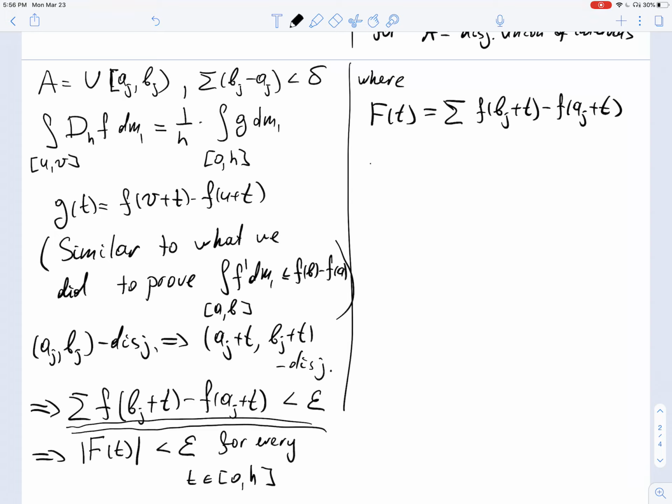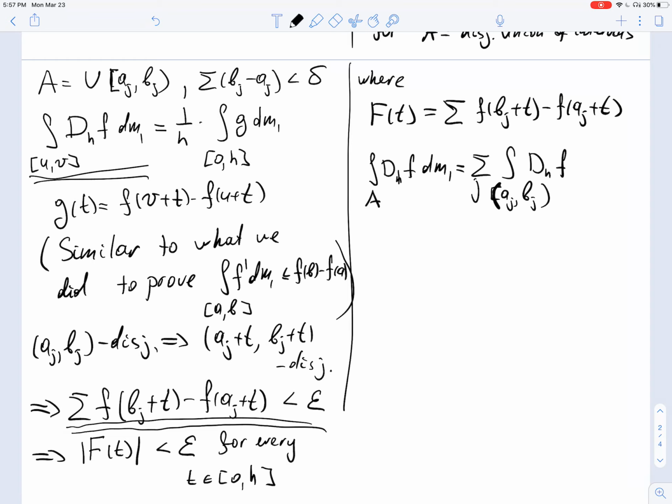All right, and so what's the integral of dh of f over A? So remember that A is a disjoint union of intervals. I can write open because the endpoint doesn't matter. Okay, now the integral over the interval, here it is.